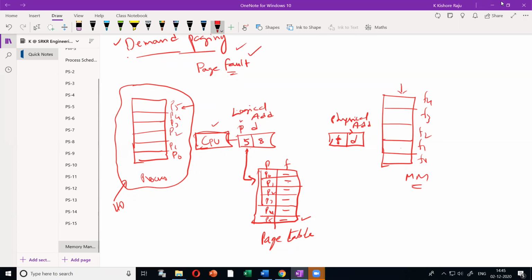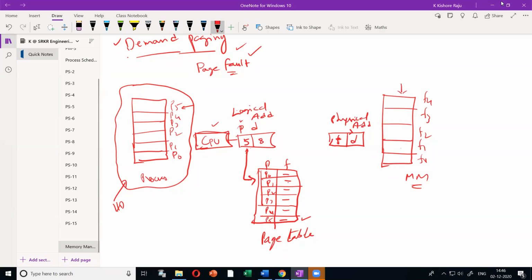Is P5 available in the main memory frames? What about the others? Please respond. Is page number 5 available in the main memory frames? No, it is not available.